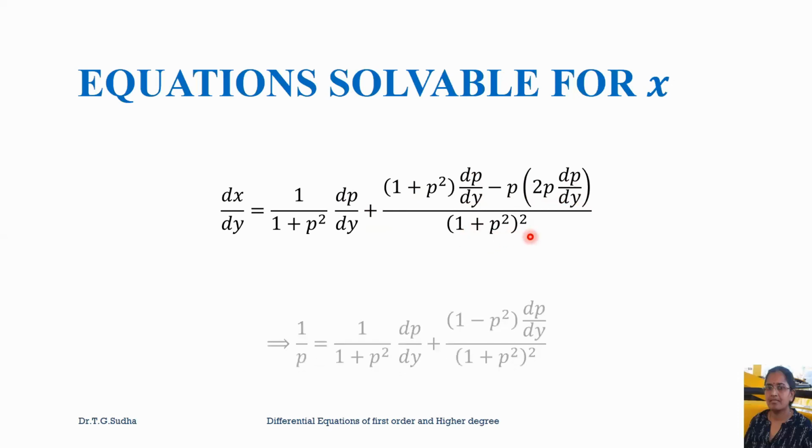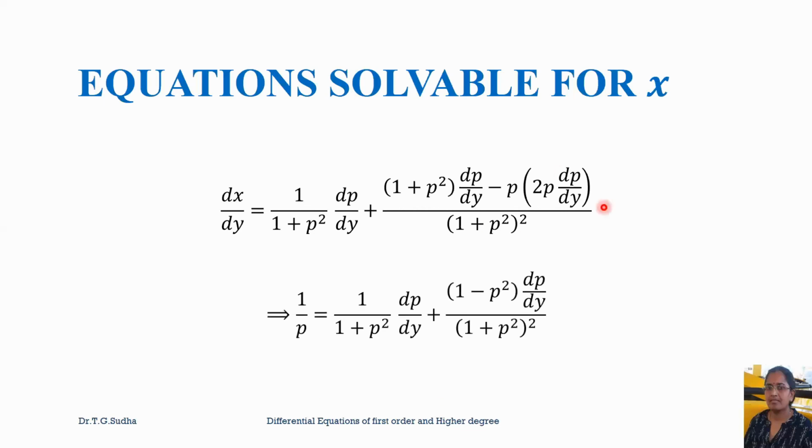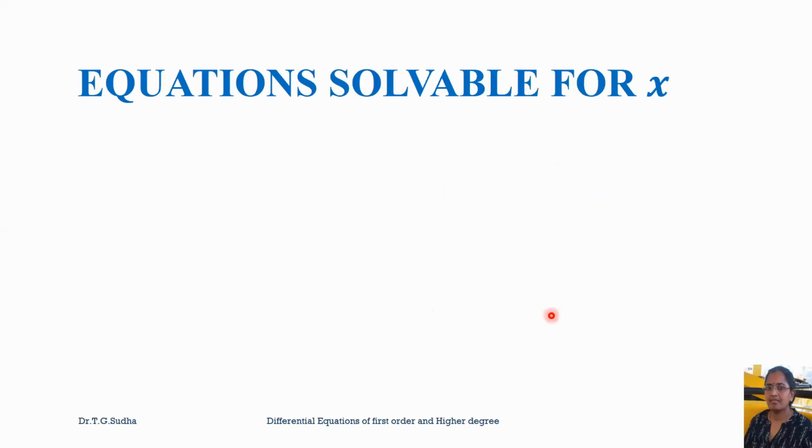Now let us simplify this. So the numerator here gives us 1 plus p square minus 2p square into dp by dy. So we get 1 minus p square into dp by dy. Now on further simplification, we get (1 plus p square plus 1 minus p square) divided by (1 plus p square) whole square into dp by dy.